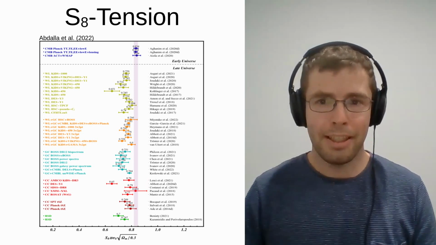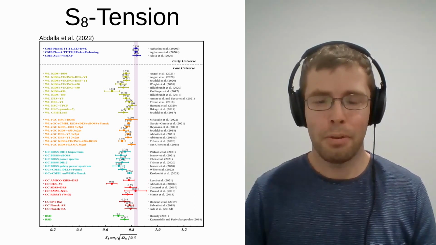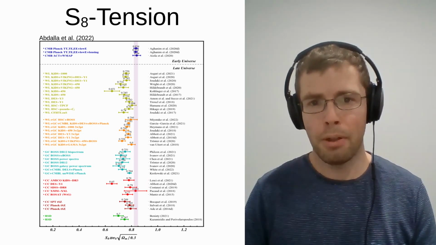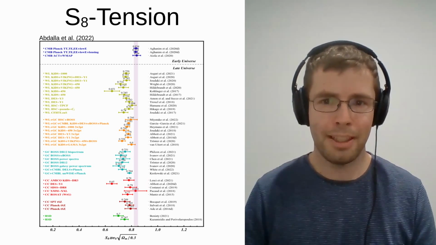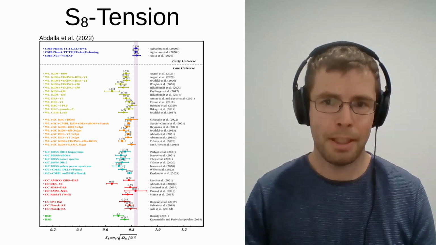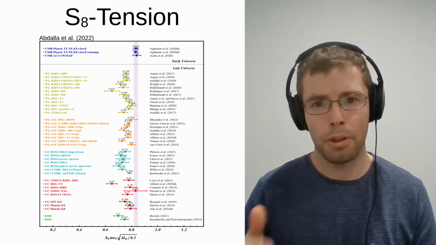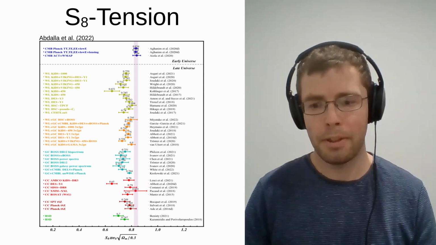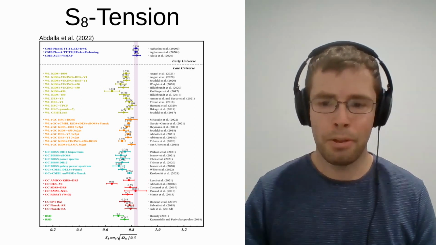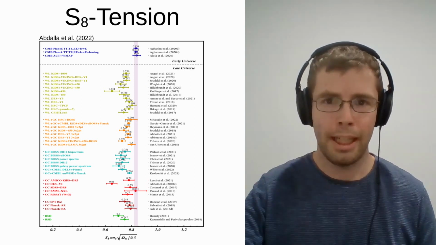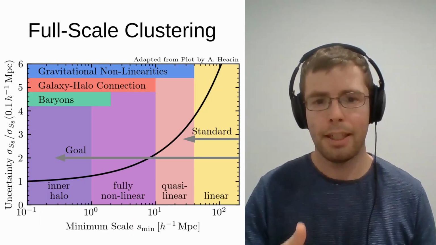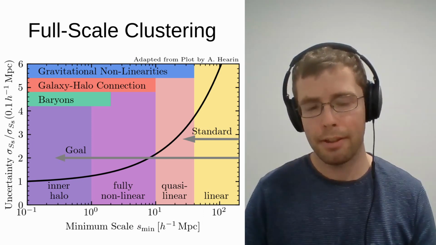And typically, the discrepancy is at the order of 2 to 3 sigma, and so no individual study by itself can yet claim this 5 sigma threshold, but this motivates trying to get more cosmological information out of the same data. And one way to do this is to push analysis down to nonlinear scales.